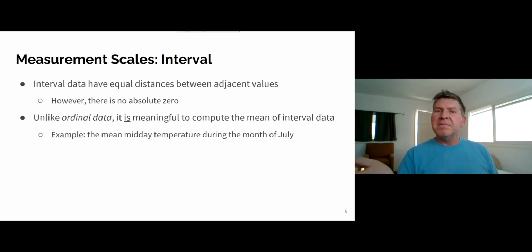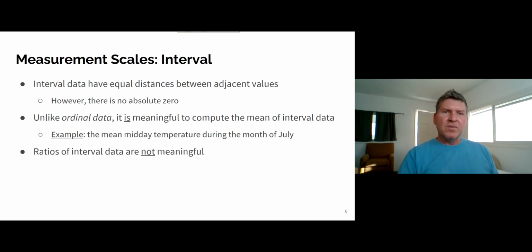So the mean midday temperature during the month of July, we can take a look and calculate the mean temperature, right? So ratios are not meaningful. We can't say the temperature in July is double the temperature in January because temperature, at least in Celsius and Fahrenheit, does not have an absolute zero.